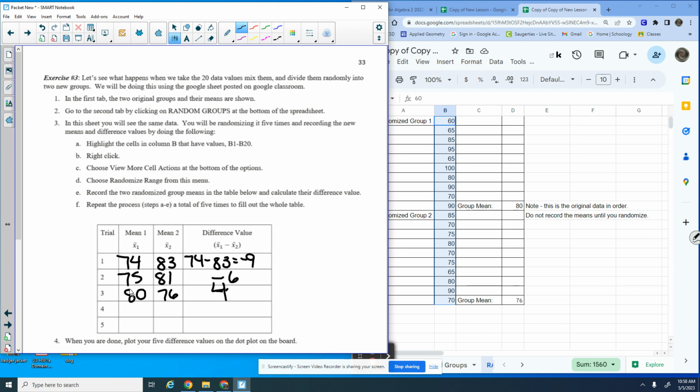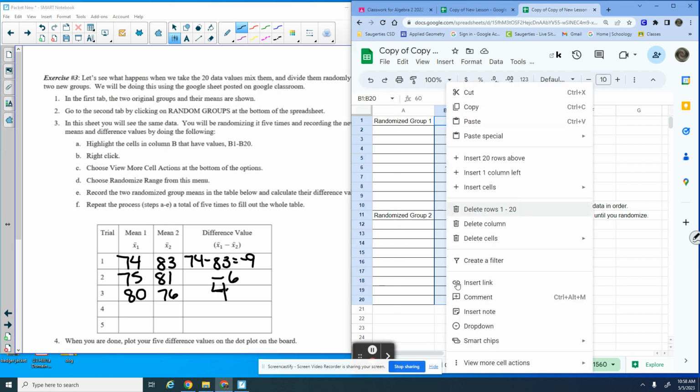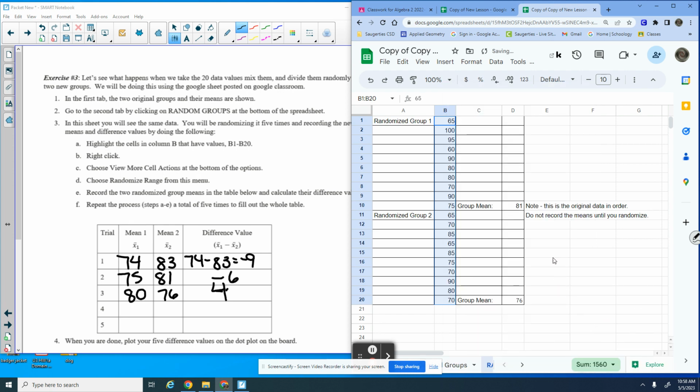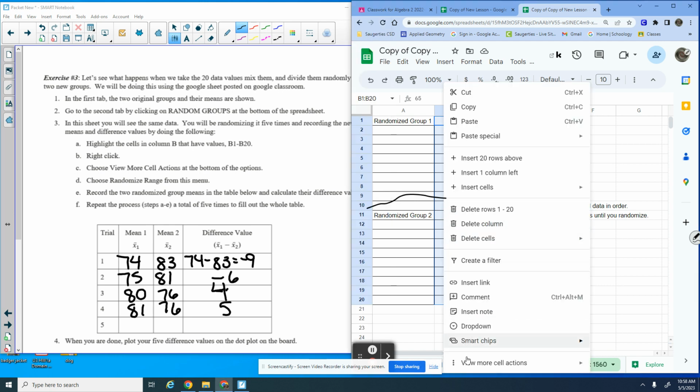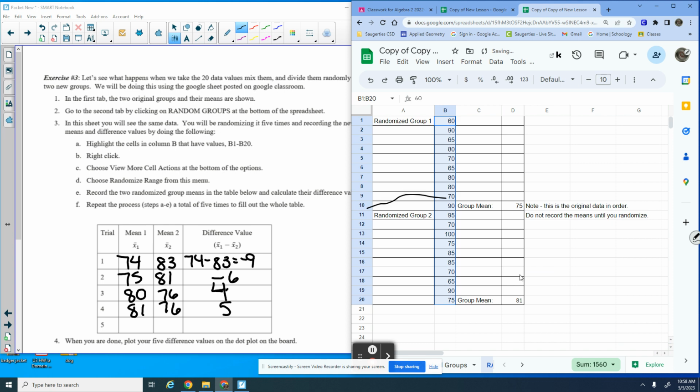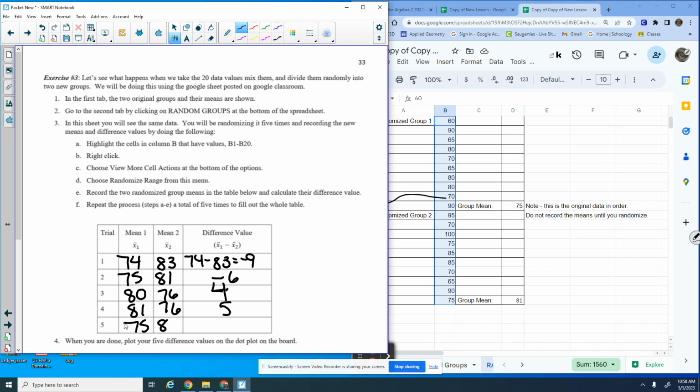Because 80 minus 76 is positive 4. This time I had 81 and 76, so I had a difference of 5. Then 75 and 81. So 75 minus 81 is negative 6. Those are my differences that happen by chance.